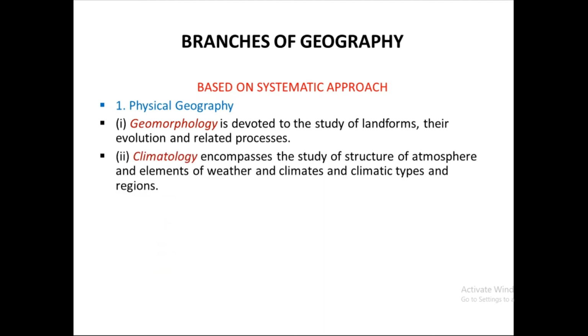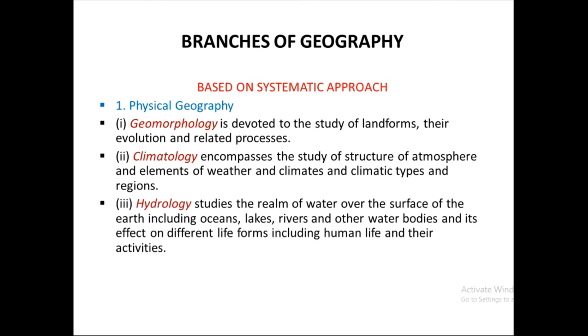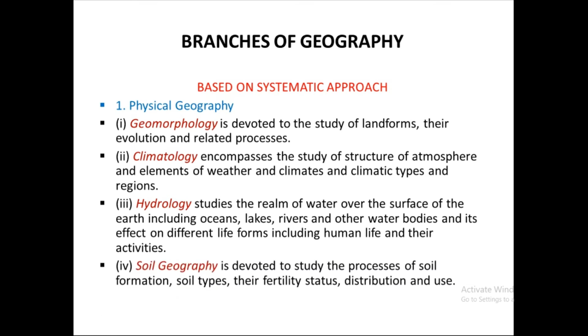Climatology encompasses the study of structure of atmosphere and elements of weather and climates and climatic types and regions. Hydrology studies the realm of water over the surface of the Earth, including oceans, lakes, rivers, and other water bodies, and its effect on different life forms, including human life and their activities. Soil geography is devoted to studying the processes of soil formation, soil types, their fertility status, distribution, and use.